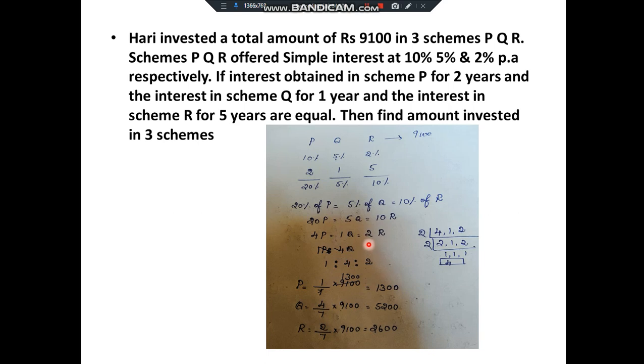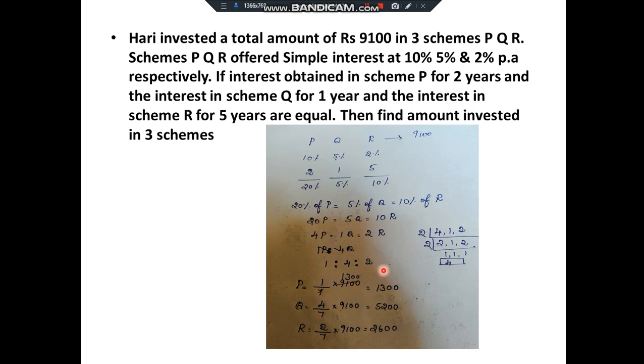Okay, write down. Now close Q and just multiply the coefficient of P and R. 4 2s are 8. Okay, then again for R, just close its coefficient and just multiply P and Q. So 4 into 1 is 4. On simplification you get it as 1 is to 4 is to 2. Okay, I hope you understood.